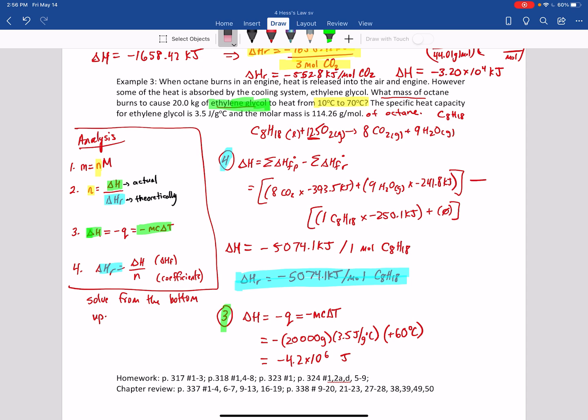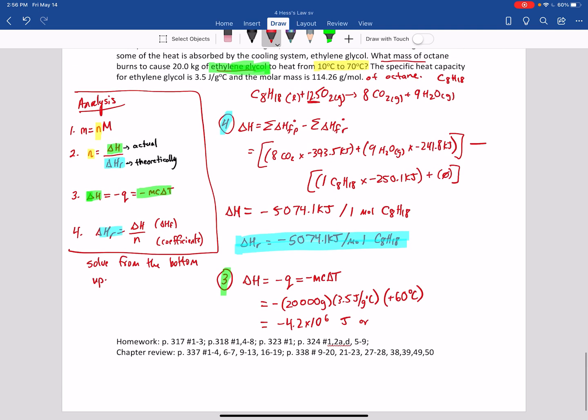All right, or we can say, we've got some room below here, so I'll steal this. Negative 4.2 times 10 to the power of 3 kilojoules. Right? So that's our green variable there. And now we've got everything we need. We know the actual energy released. We know theoretically how much is released per mole.